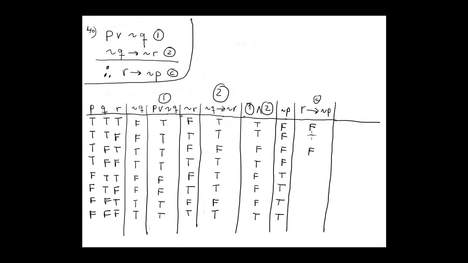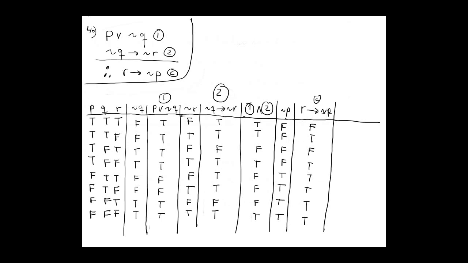Number 4 is false, not true, sorry. Number 5 is true, true and true is true. The rest is true. So basically, we have only 2 false here.